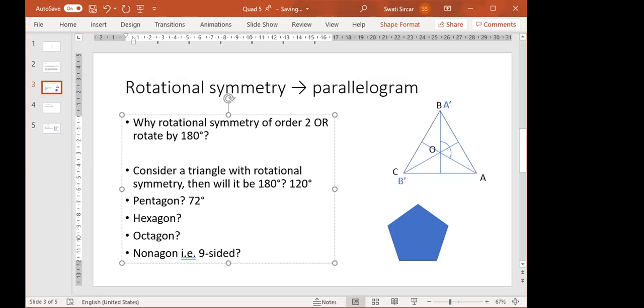What will we get for a hexagon? 60. Anything else? Any other possibility other than 60? What about an octagon? 45. What about a nonagon? 40. Now, what is the basis of this?